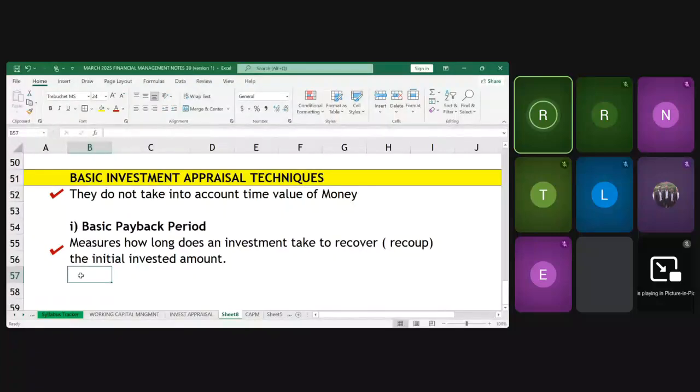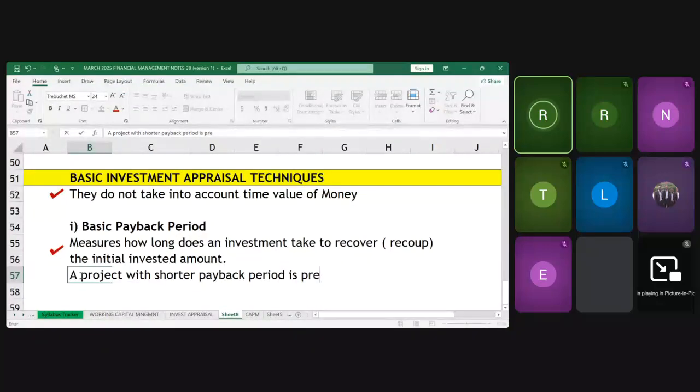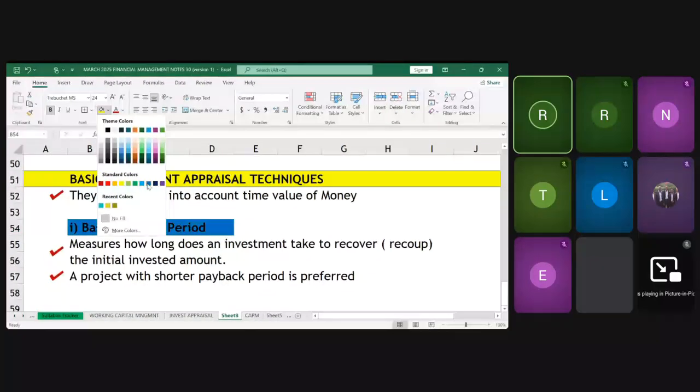And point number two, a project with a shorter payback period is preferred. So if we are to assess different projects, which project are we going to accept? A project with the shortest payback period is the one that we accept, all right? I think that is clear and understandable here.